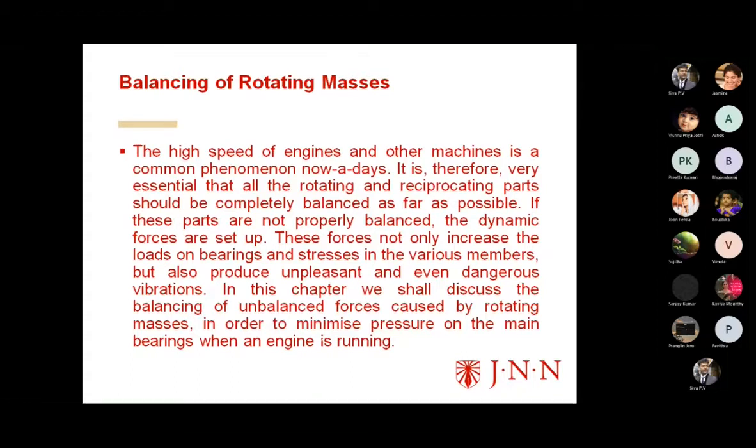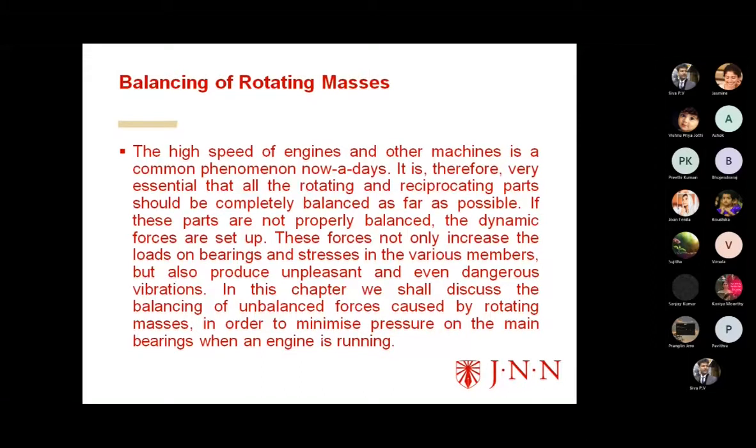If it is not properly balanced, now what will happen? The washing machine will make noise, and maybe it will vibrate also. Why? Because of the improper, unbalanced parts.